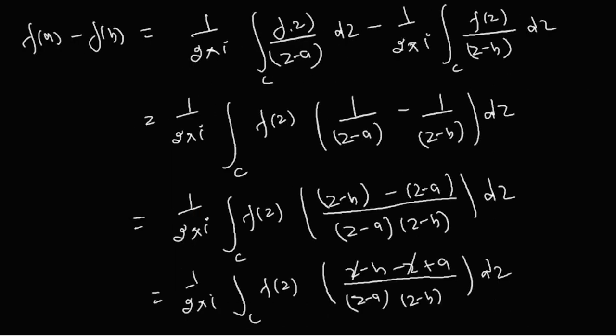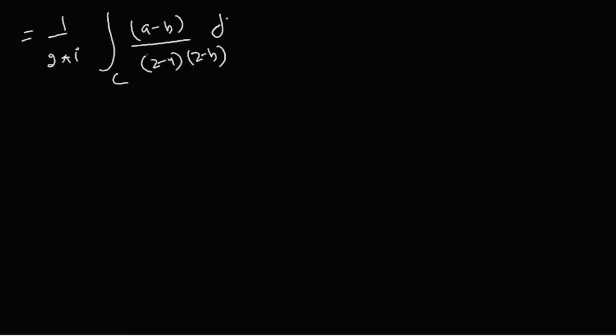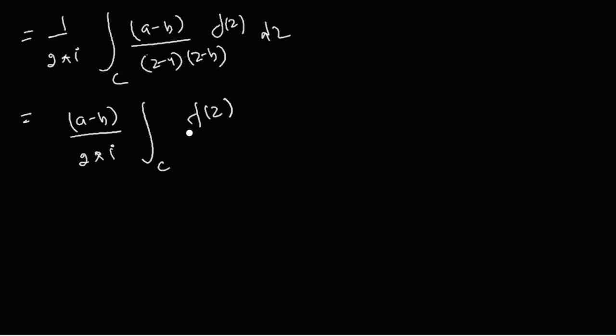So this is f of z dz. So a minus b is a constant, so we can take it outside the integration: a minus b upon 2 pi i integration over C f of z upon (z minus a) and (z minus b) dz. Okay guys, so we are simply solving the integration.